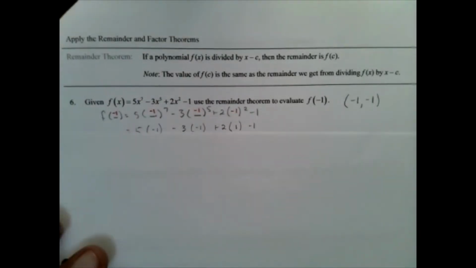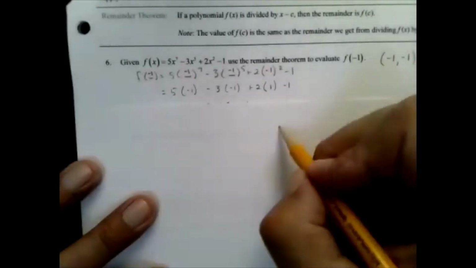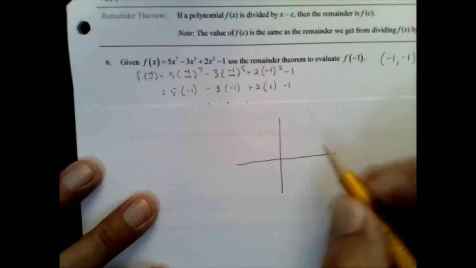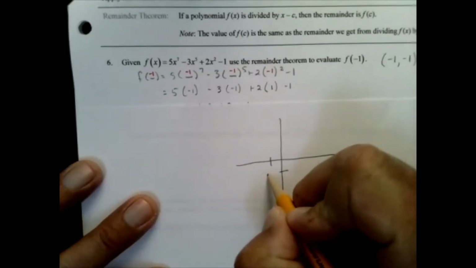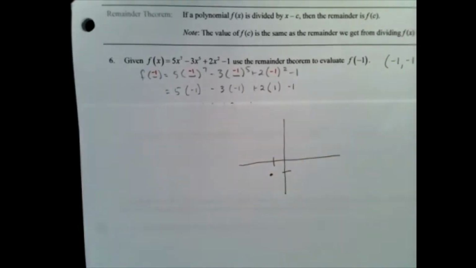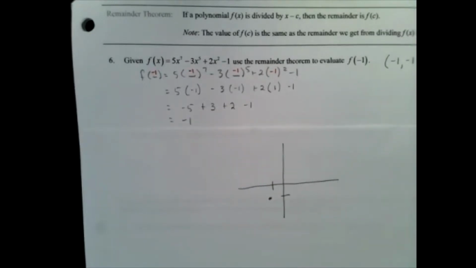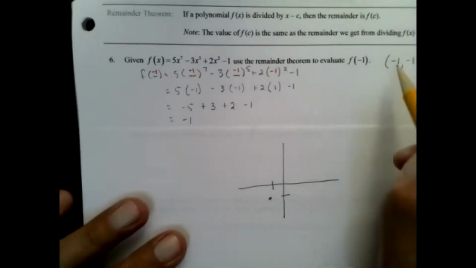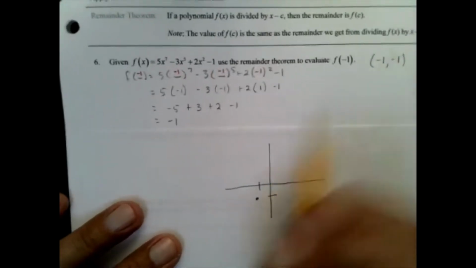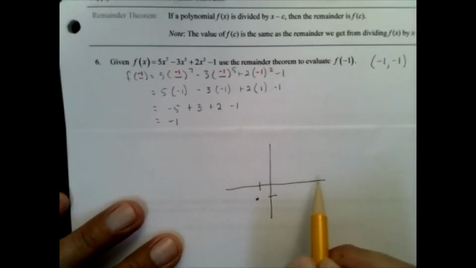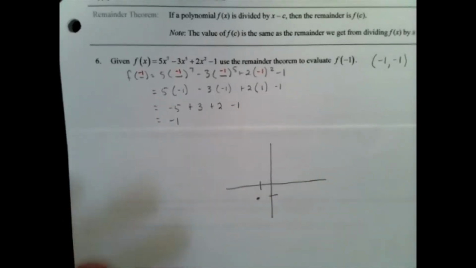Now, I'm going to take that and think, okay, so I have a graph at -1, I'm down at -1. What we just did was we wanted to see if this -1 was actually an x-intercept. And now I'm going to start to tie in this long division and synthetic division to what we're trying to do.